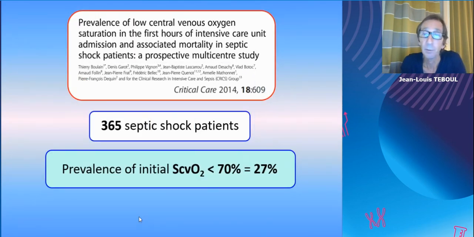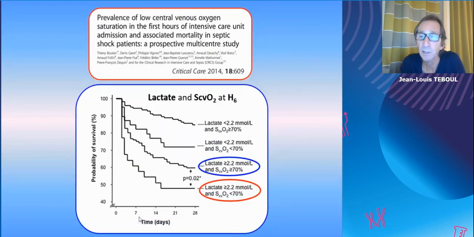And this can happen in 27% of cases, according to this study by Teboul and co-workers, which included 365 patients with septic shock. Interestingly, in this study, the authors looked at patients with lactate and ScvO2 measured at 6 hours after resuscitation.